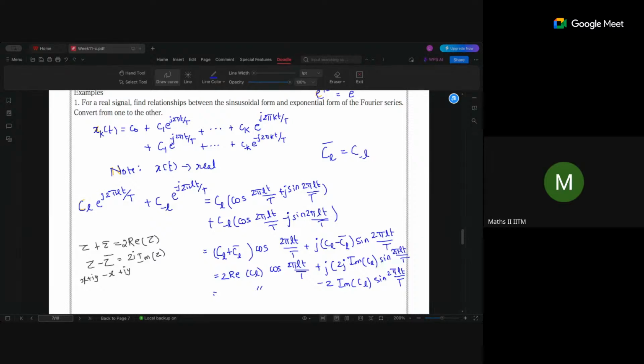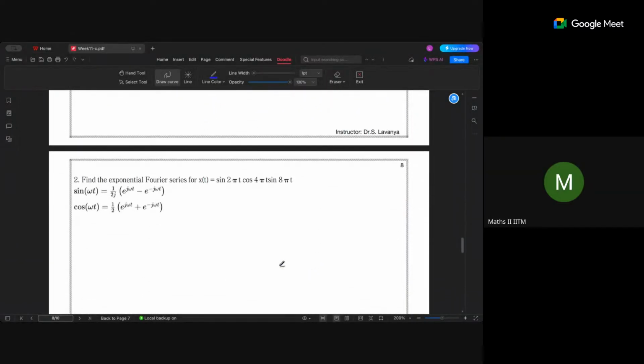Okay, so the next part is: find the exponential Fourier series for x(t), which is given by this. I have already given you the hint. From this, you are going to write the exponential form. This is just a one line answer. You are simply going to substitute the formula here and write it in terms of the exponential form.